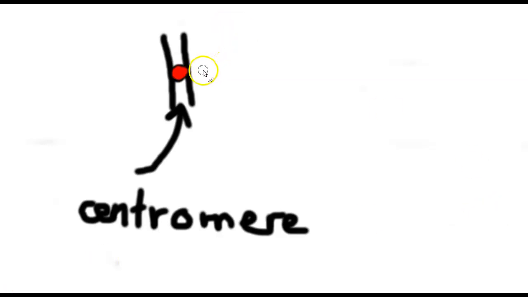So if this chromatid is trying to go this way, and this one's trying to go this way, and they're both pulling as hard as they can, what can happen? The DNA can break, right? So instead of that happening, this amazing thing happens.